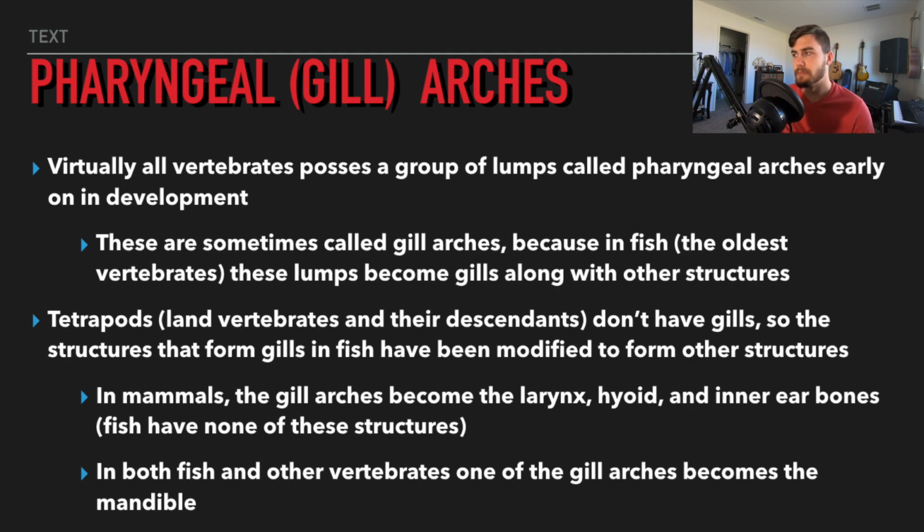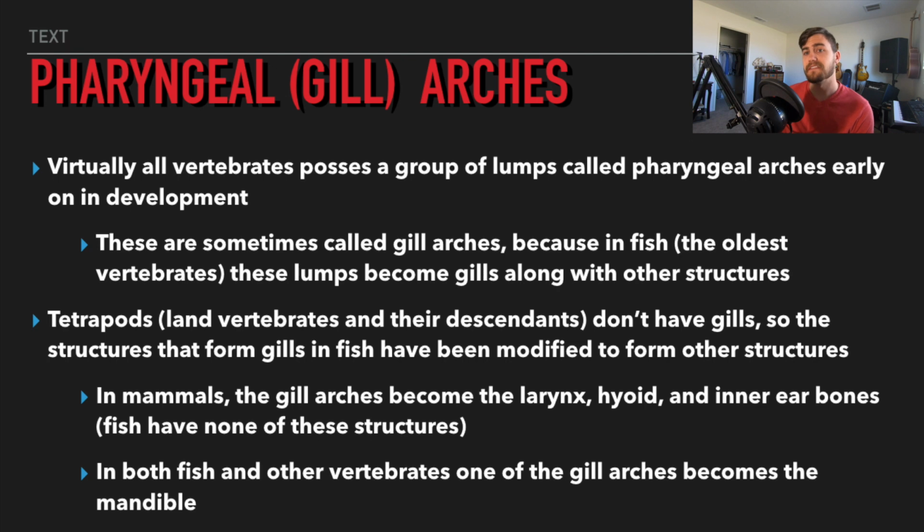So virtually all vertebrates possess a group of lumps called pharyngeal arches early on in development, and they're present right around the bottom portion of the head. So we call these gill arches because in fish, and fish are the oldest vertebrates, these lumps become the gills along with a couple other accessory structures.